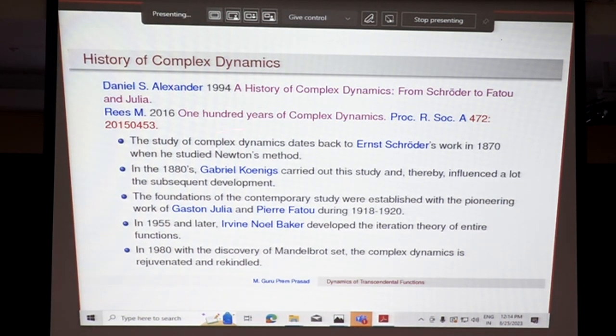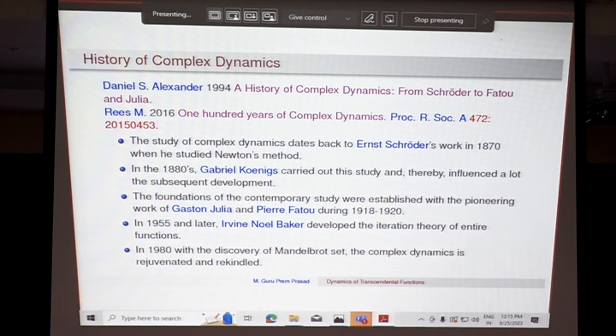It started with Stardust's work, and it gained momentum when the two French mathematicians, Julia and Fatou, started studying rational functions and transcendental functions. Later, in 1955, Ian Baker developed the theory of entire functions, especially entire transcendental functions.